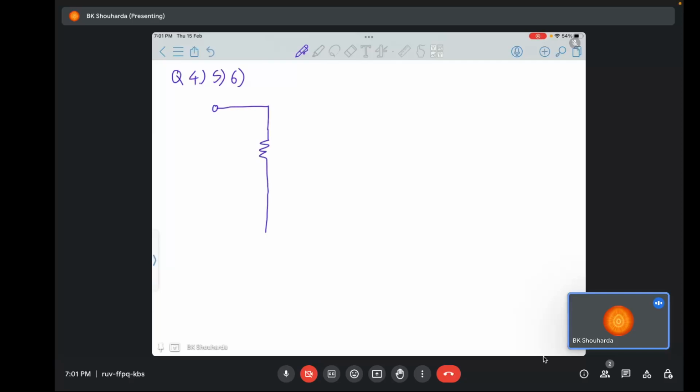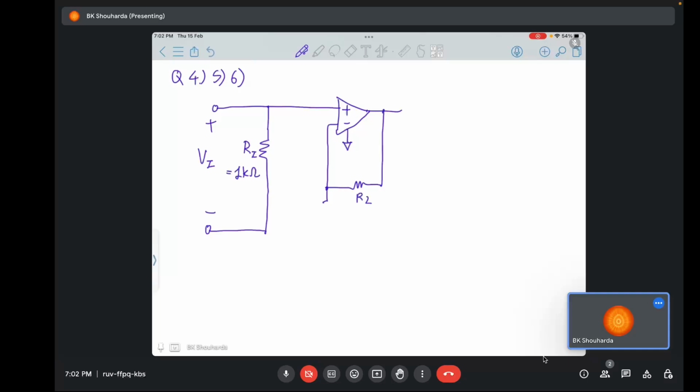So you are given this resistance Ri, which is said to be of 1 kilo ohm, and the voltage drop across this is Vi. And then here comes the op amp. Then you have a resistance R2 connected in feedback, and especially if you see it, it's a negative feedback because the negative terminal of the input of the op amp is connected with the output.